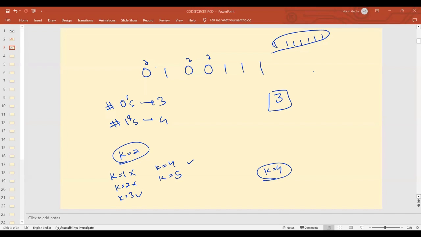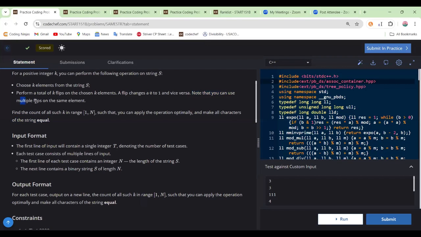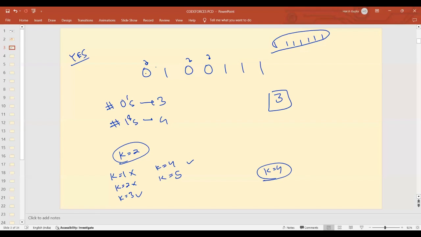Okay, so we have the answer no. Does everyone agree with this? But here was a trick for this question. The answer is possible. If you look at this part of the question, you can use multiple flips on the same element. So what you can do is convert these zeros to one in three operations.